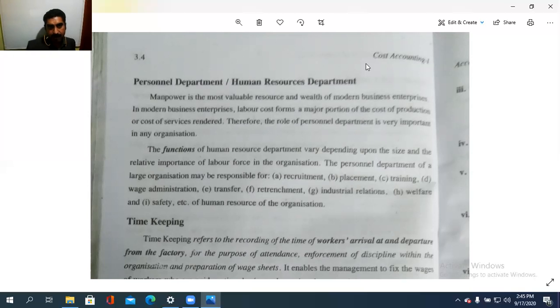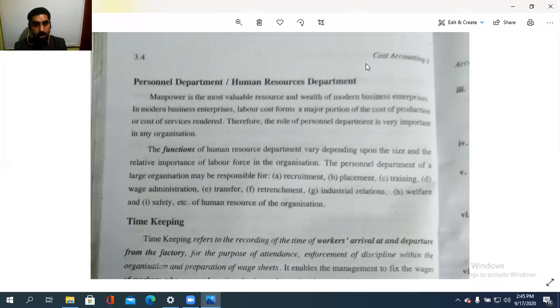In modern business enterprises, labor cost forms a major proportion of the cost of production or the cost of services rendered, because salary, wages, incentive, bonus, commission to be paid, all of that comes under labor cost. So thereby labor cost forms a major portion of the production cost as well as the cost of rendering services. Therefore the role of the personnel department is very important in an organization.